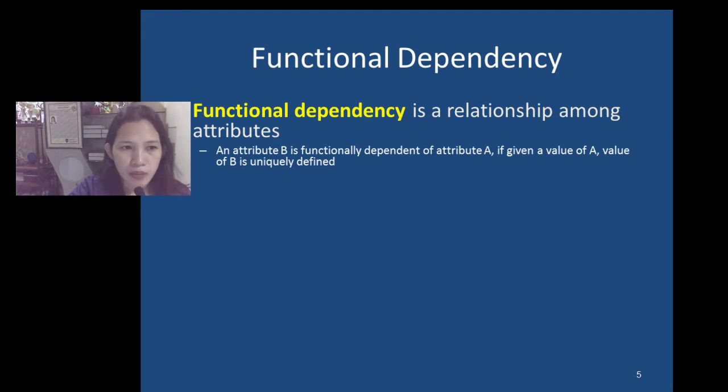An attribute B, for example, is functionally dependent on attribute A if, given a value of A, the value of B is uniquely defined. It is denoted as A → B. Or if given the value of A, we can determine the value of B. Each valid value of A maps to exactly one value of B.